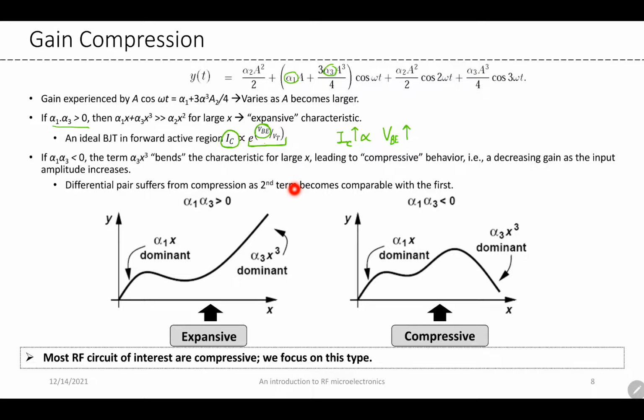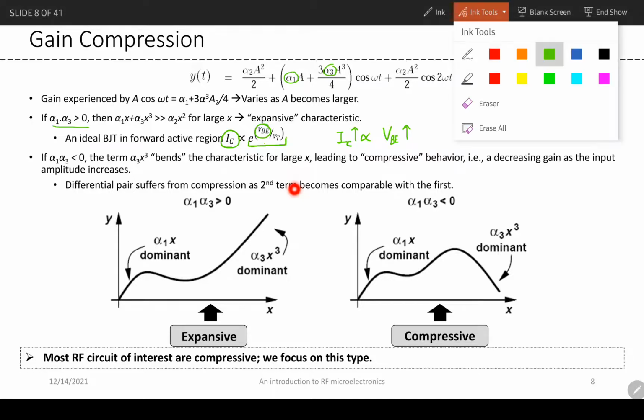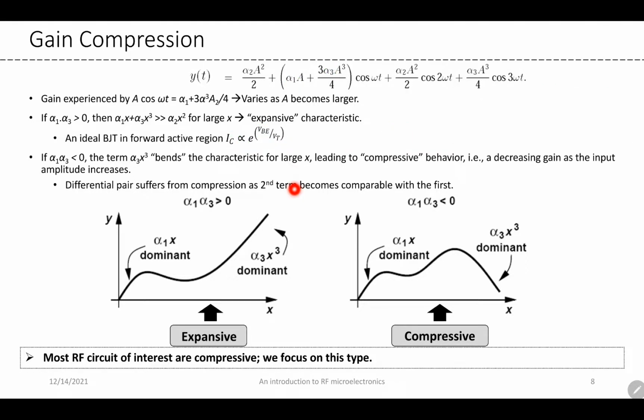Now, typically in RF systems, that's not the case. This was an ideal BJT. Typically, this product is less than 0. You'll find this product to be less than 0 in all active devices.